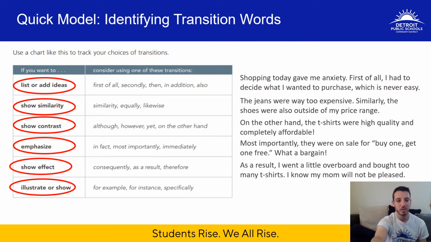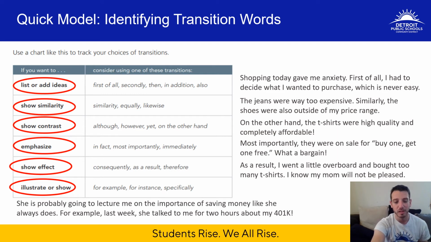Finally, the last category is illustrate or show, and this is when you're basically giving an example of what you just said to further prove your point. The examples here are, for example, for instance, and specifically. The examples down here, because it would be cut off by the video, I said she is probably going to lecture me on the importance of saving money like she always does.